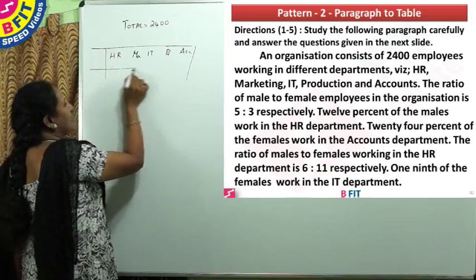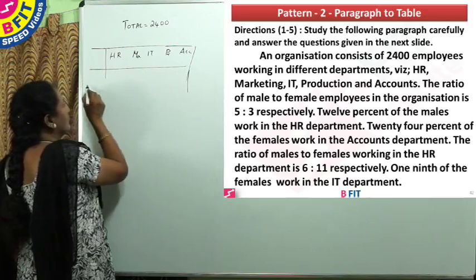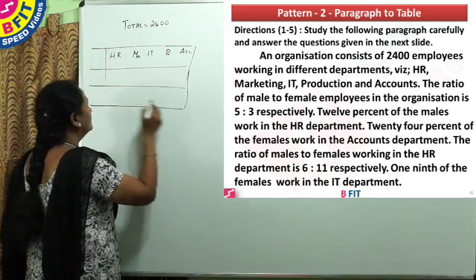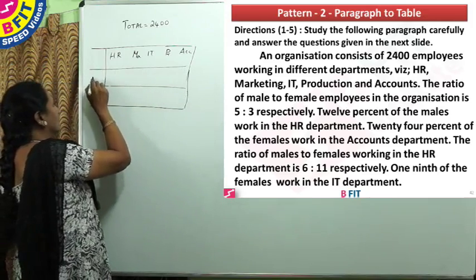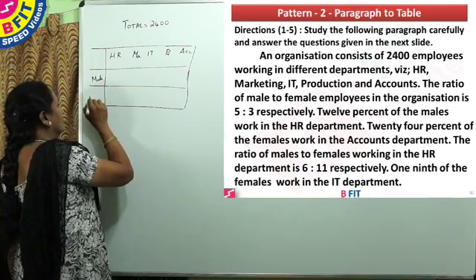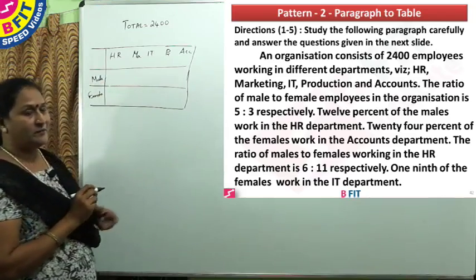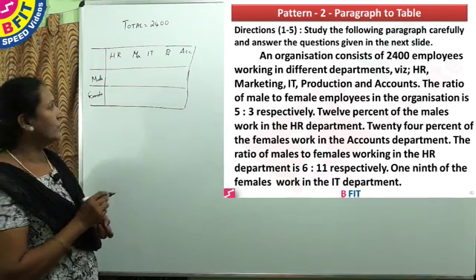We have male and female details given, so we'll have 2 rows. So 5 departments and total 2,400 employees.